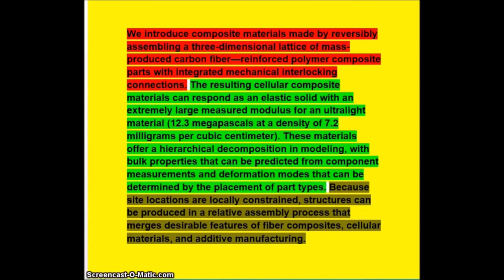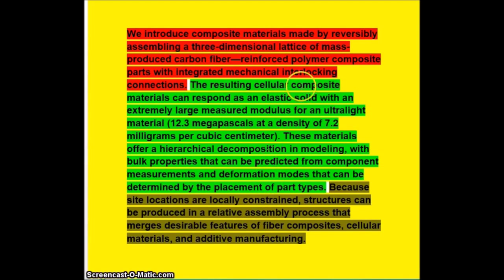Here's a second example of an abstract. This is taken from a science journal. Notice the first sentence is a descriptive sentence. It's got a descriptive reporting verb, introduce. The second sentence reports what may be the key finding of the article.